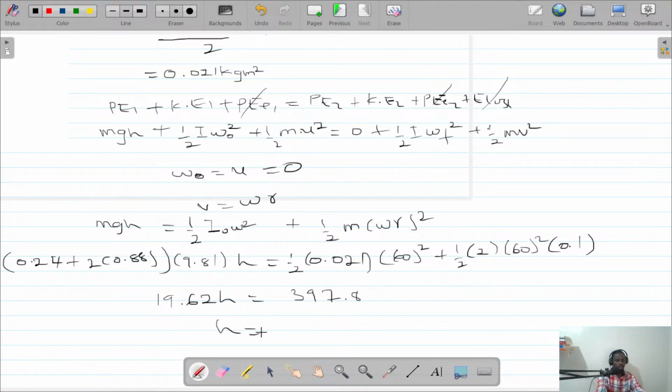So h will be 397.8 divided by 19.62, and we have 20.275 meters.